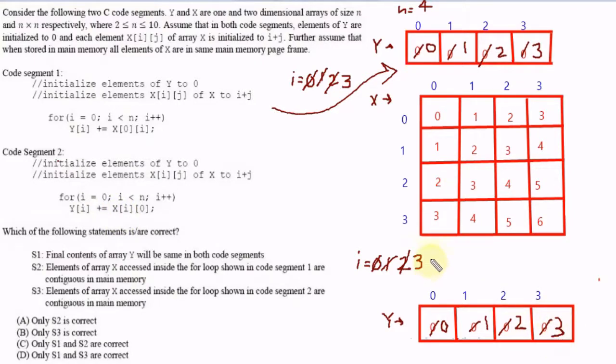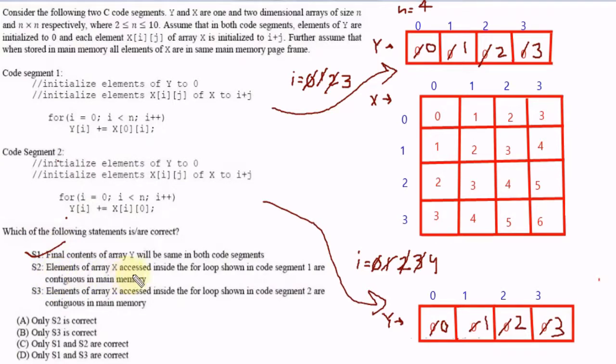Again this value will be increased to 4, this condition is false, and then we come out of the for loop. So these are the updated values from segment 1 and segment 2. We can see that the resulting array from code segment 1 and code segment 2 is the same, 0 1 2 3. So the final content of the array will be the same in both cases, so this statement is correct.